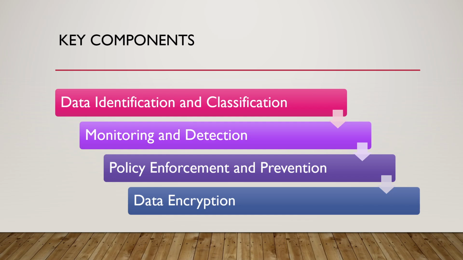And then finally, DLPs normally have data encryption. They normally enforce our data encryption policies to make sure that data at rest or in transit is being encrypted and used properly. If for some reason it detects that it's not, then we come back to policy enforcement and prevention. Okay.